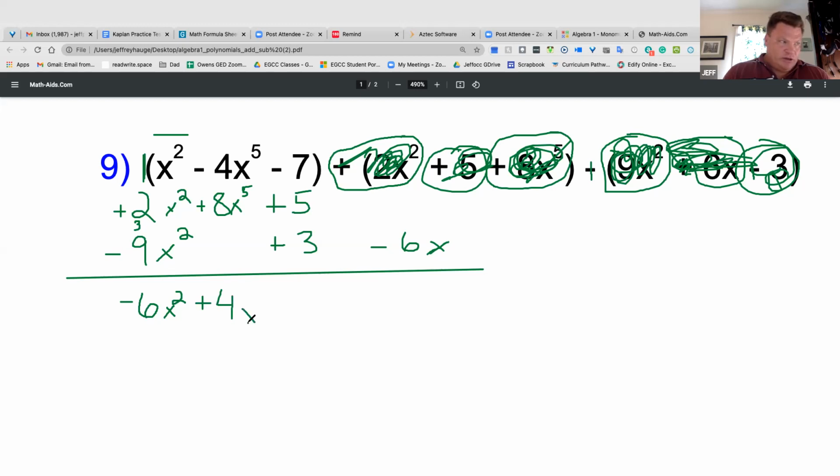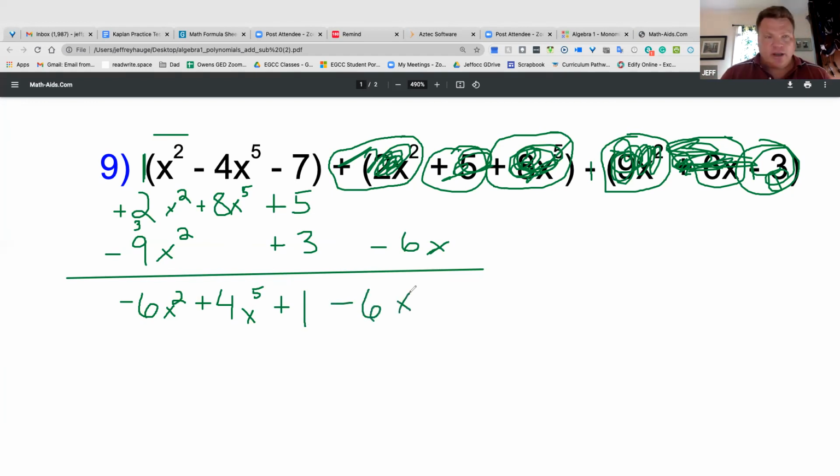Again, these would be calculator questions. We'd want to use that because adding and subtracting negative numbers gets aggravating. -7 + 5 + 3 is +1. And then -6x says, don't forget about me.